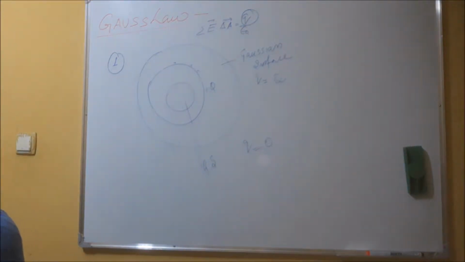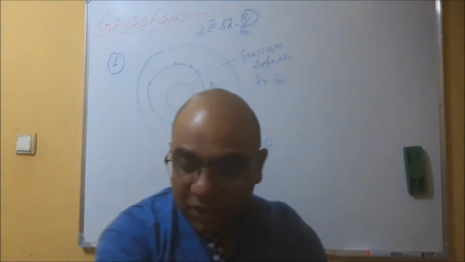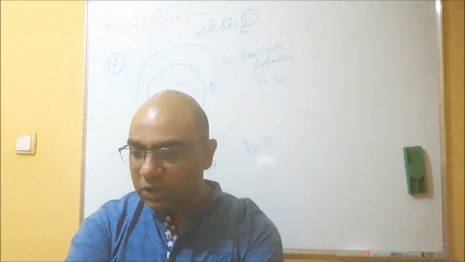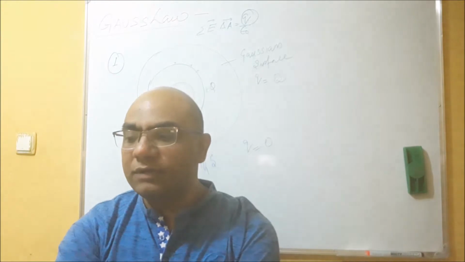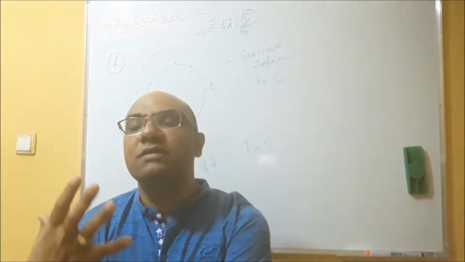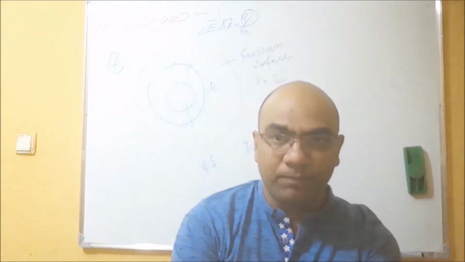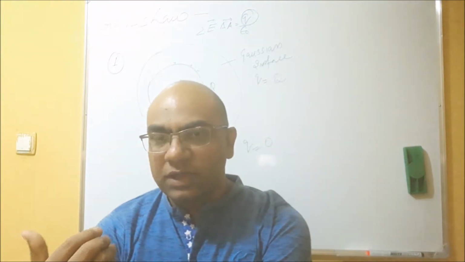The next point is that whenever we are choosing a Gaussian surface, we will try to make a surface in such a way that it must enclose the charge, right?